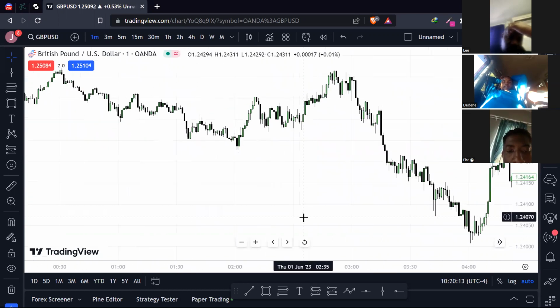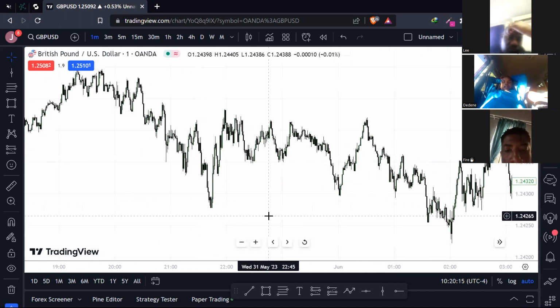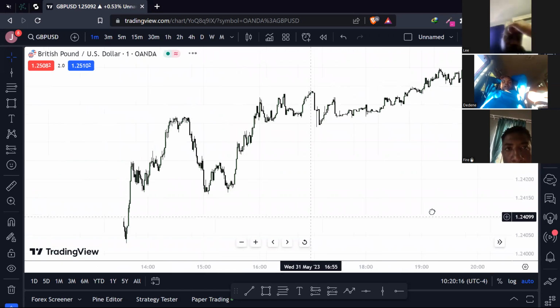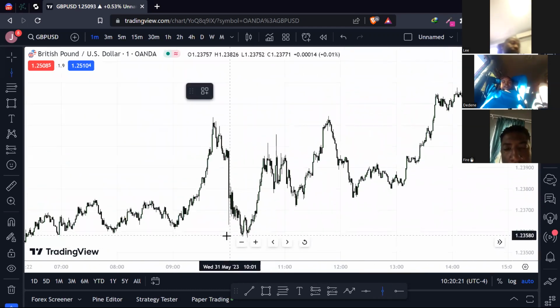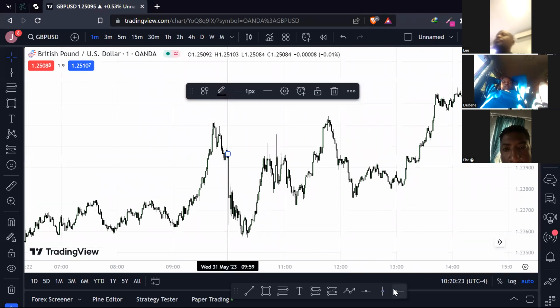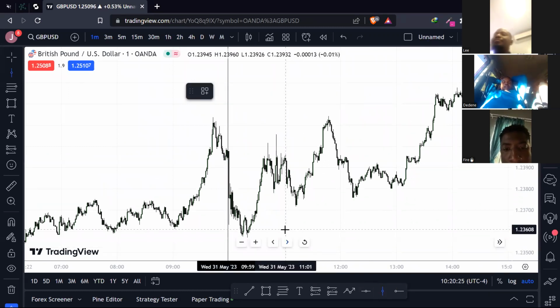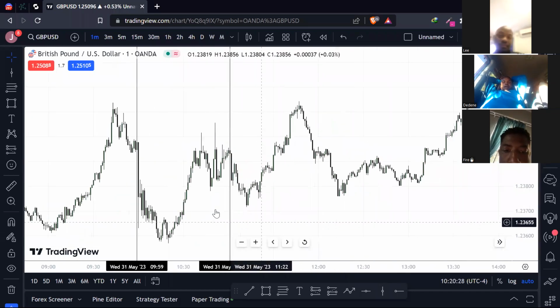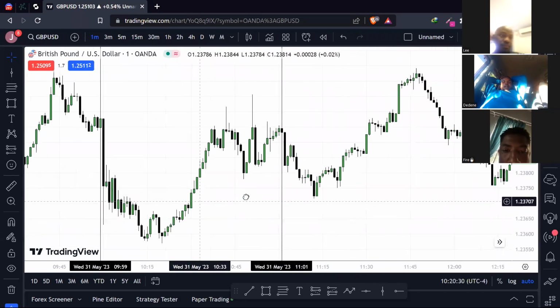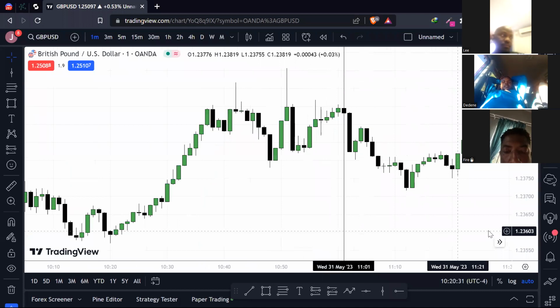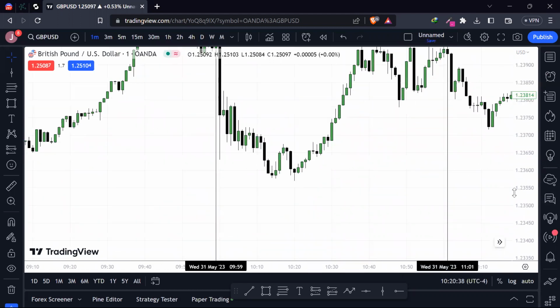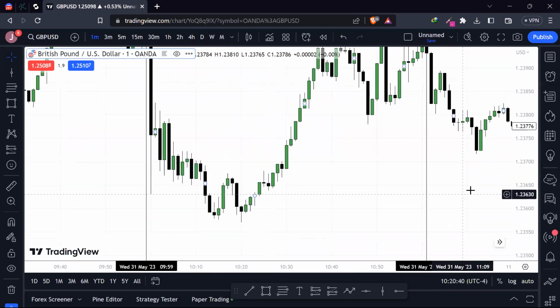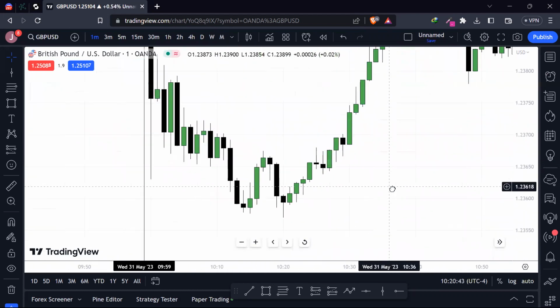Let's go to 10 and 11 a.m. So this is our entry model. You can see this.